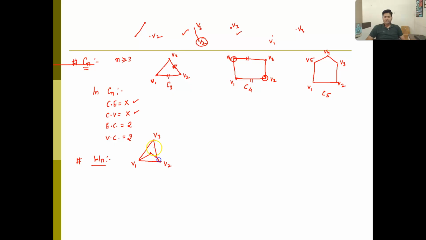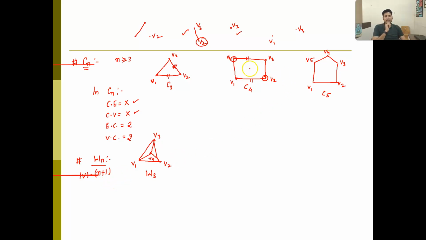We will call it V4. So this we call a wheel graph. Since it is the extension of C3, the name will be W3, even though it is having four vertices. So in general, we can say in Wn, the number of vertices is always n plus 1.